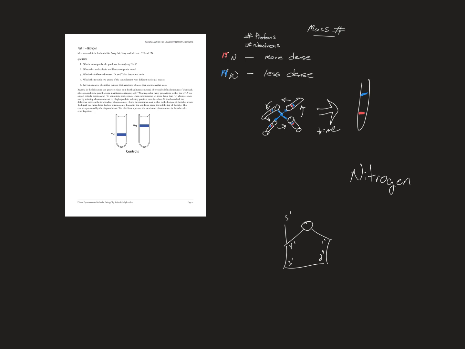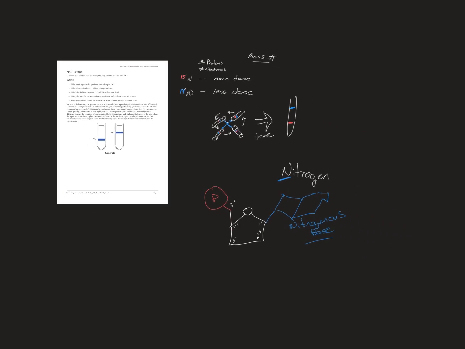DNA and RNA both have this phosphate group sticking off the 5 prime. And DNA and RNA both have a nitrogenous base. In other words, there's nitrogen involved in this either single or double ring structure. So there's nitrogen in DNA, is the point.